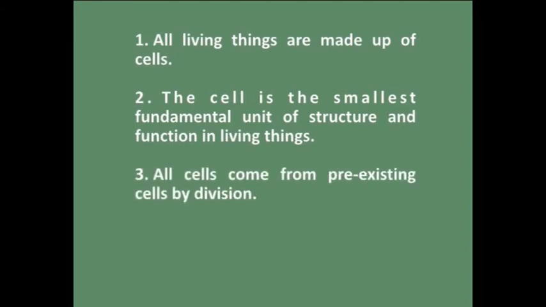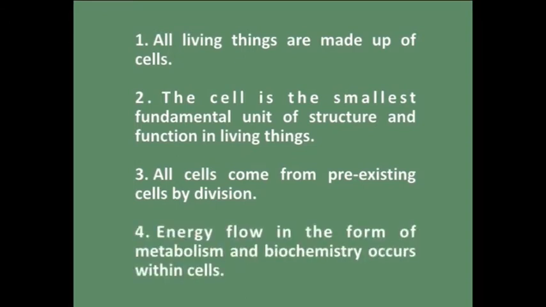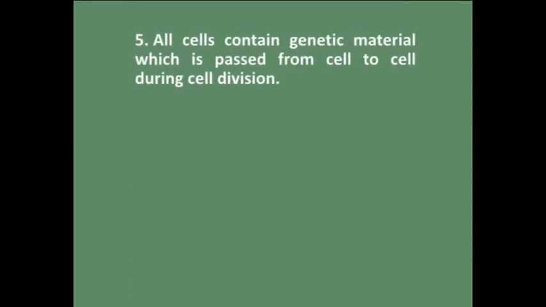Thirdly, all cells come from pre-existing cells by division. The fourth one is energy flow in the form of metabolism and biochemistry occurs within cells. Fifthly, all cells contain genetic material which is passed from cell to cell during cell division.